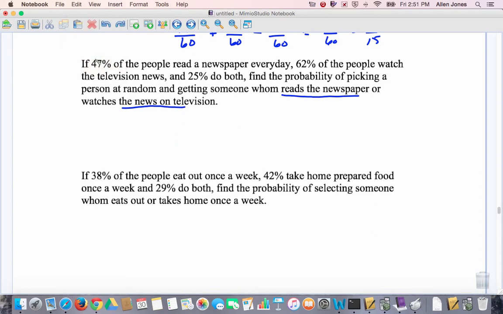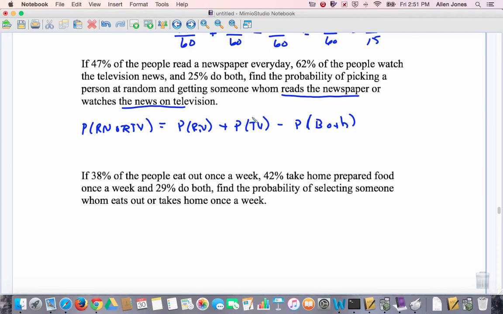I would hope we'd all agree that a person could do both of those events in any given day. So those two events are not mutually exclusive, which means I'll write it out longhand first. So probability of reading the newspaper or watching the television news is the probability of reading the newspaper plus the probability of watching the television news minus the probability that they do both of those items.